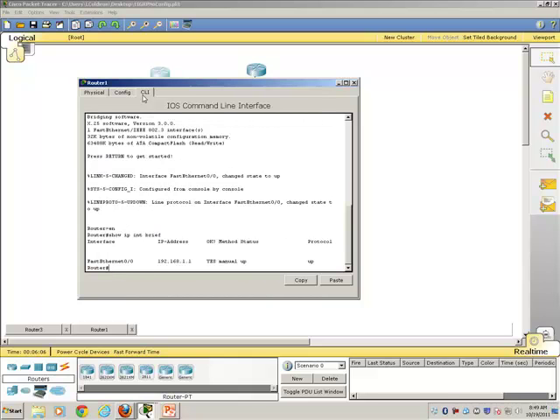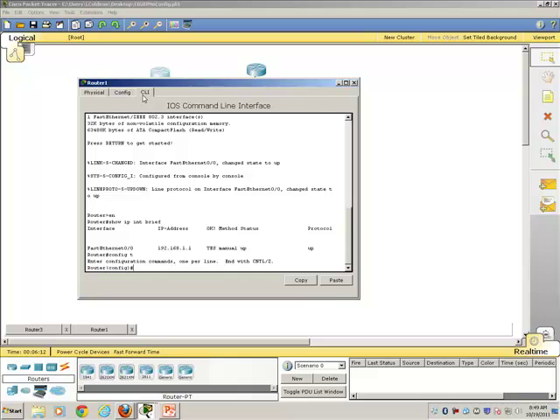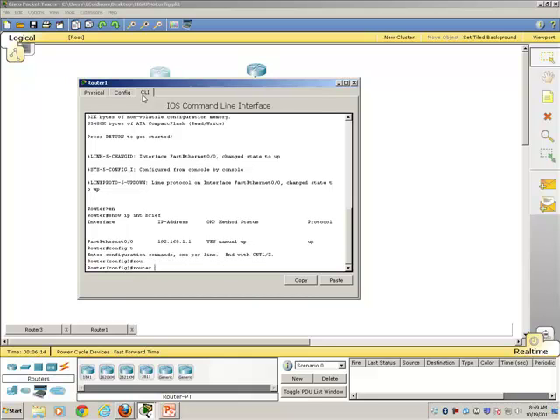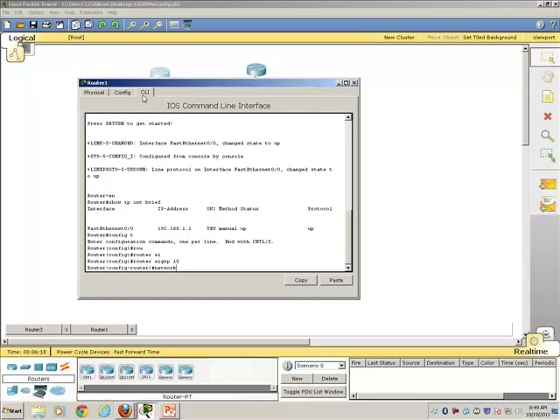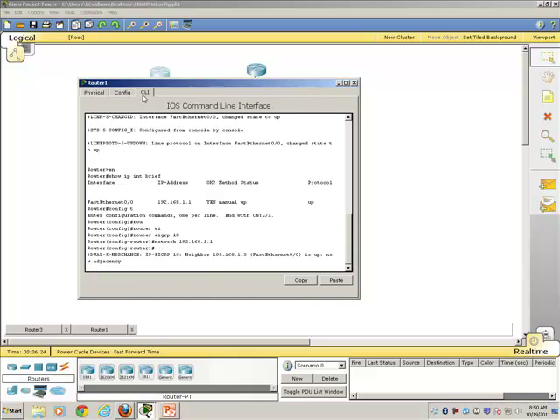192.168.1.1. So I should now be able to go in here and config t and router eigrp, and we use 10, right? Network 192.168.1.1. Let's try this. See, I didn't put the network address in. I put 1.1, which is its interface, and it now says that I have an EIGRP neighbor.